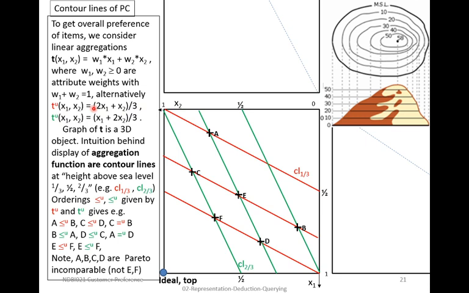So this red one, you can check that this is true, the function 2x1 plus x2, because if you insert x2 here as 1, you get 1/3, and if you insert here 1/2, then you get again 1/3. So this is a contour line, and these are other parallel lines representing higher and higher values.